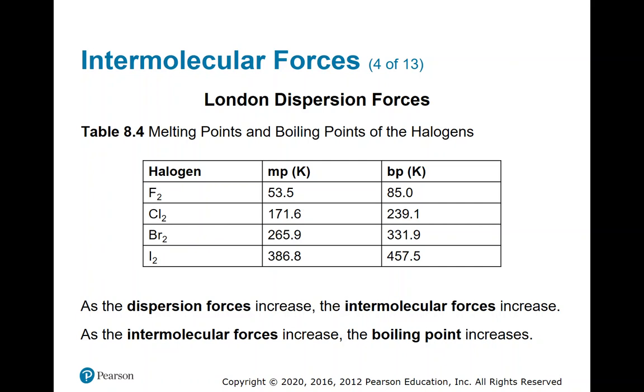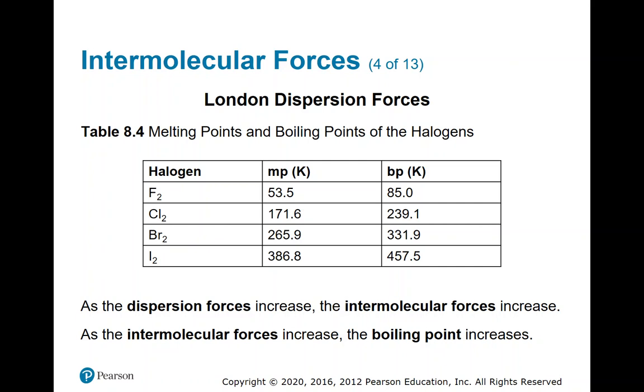And as molecules become larger and heavier, their dispersion forces are going to increase. As such, their intermolecular forces overall will also increase. And as intermolecular forces increase, both the melting and boiling points of a substance will also increase.